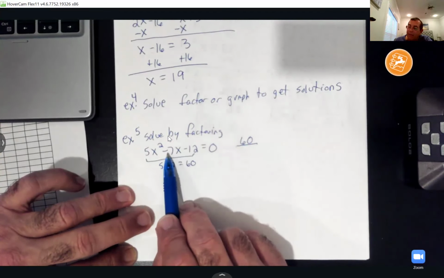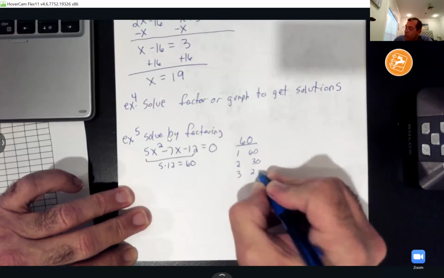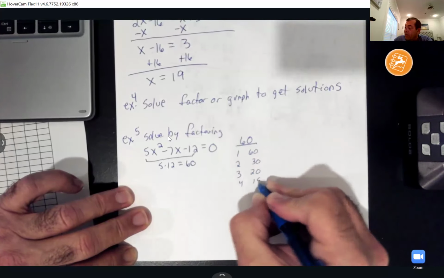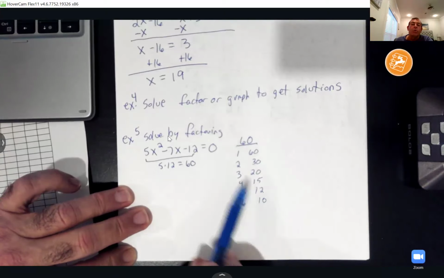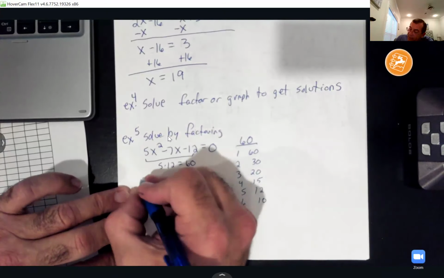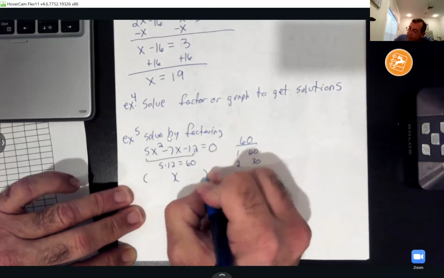So 60 would be 1 and 60, 2 and 30, 3 and 20, 4 and 15, 5 and 12, 6 and 10. One of those will subtract and give me a 7. So remember, I'm still going to put an x in front of both of these. The last number's negative, so you got unlike signs.